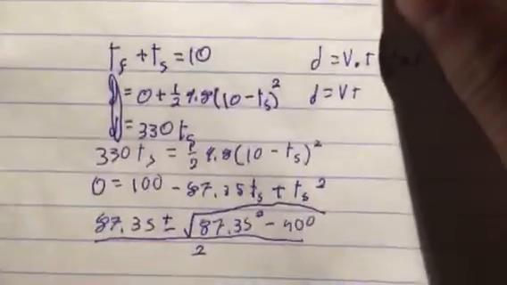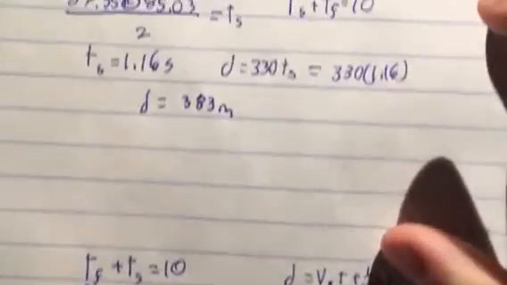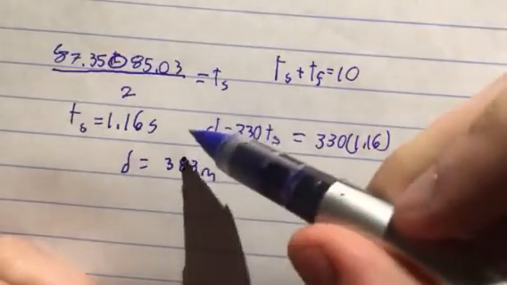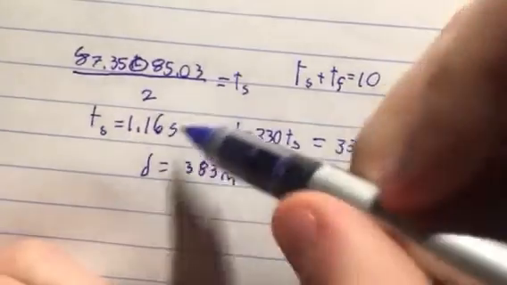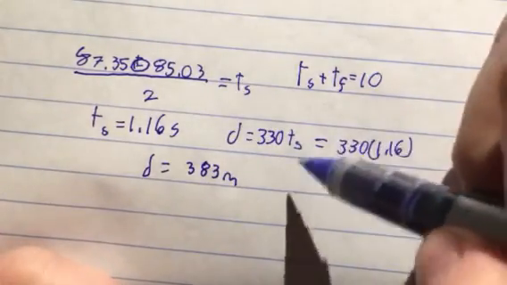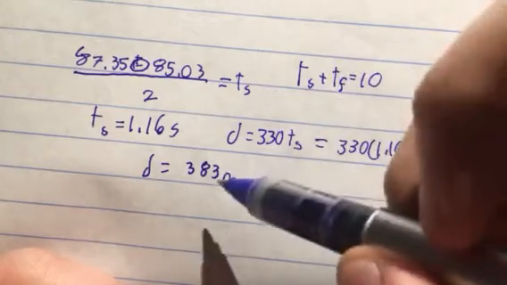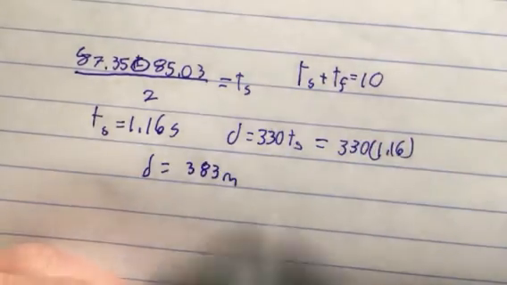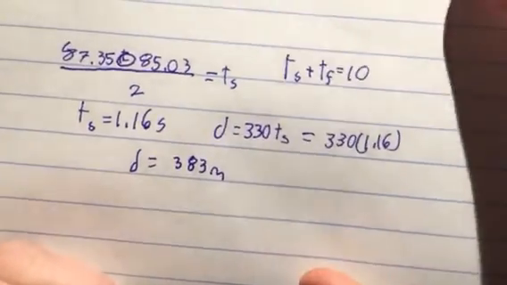And I hope that makes sense from where we started, because we used our sound equation to travel that same distance that our falling stone would have traveled. So we don't even need to know our TF in order to solve for this. But if you want to check your answer, you could definitely plug that in there. So I hope you found this helpful.